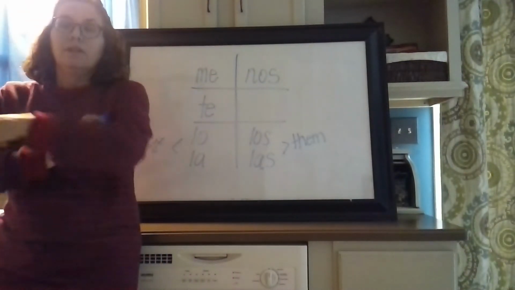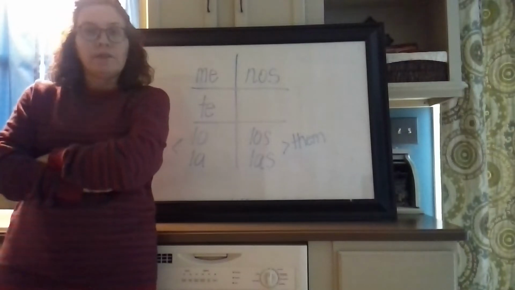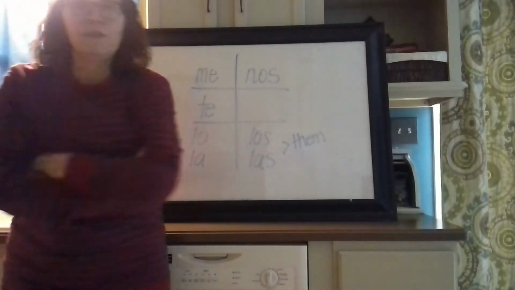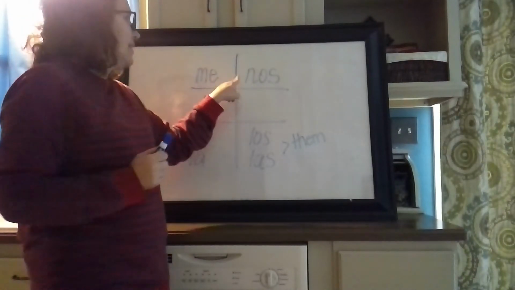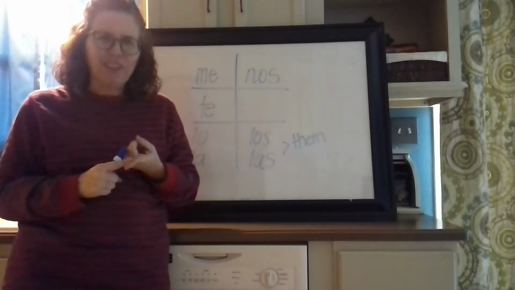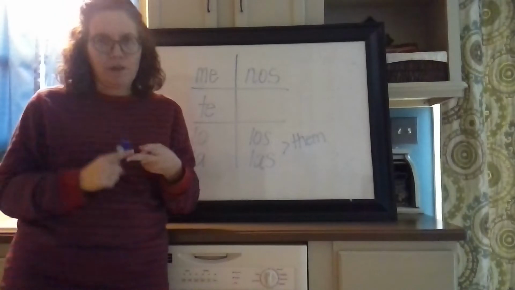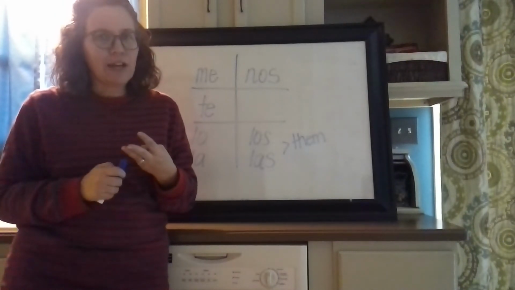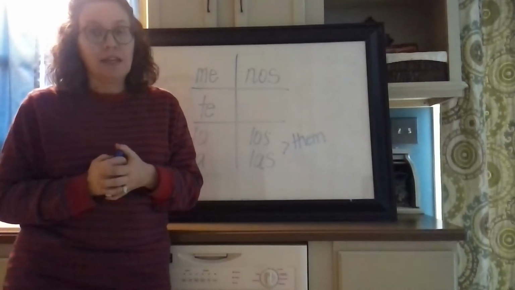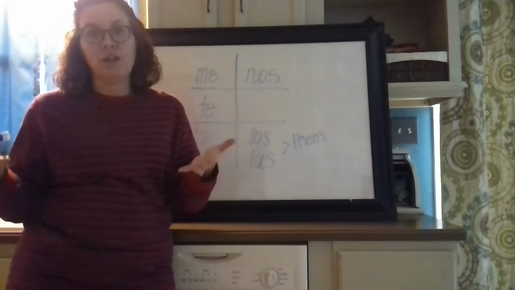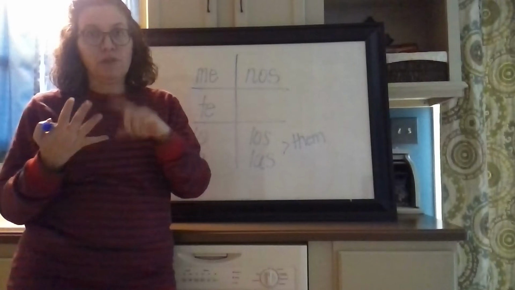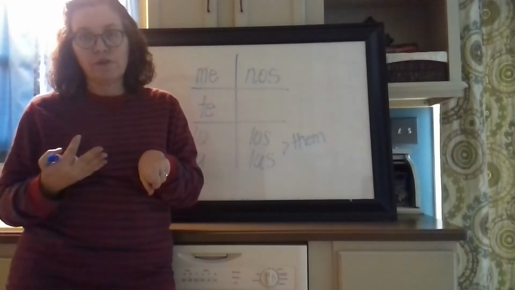Now, if you haven't paid attention to grammar, this might get a little bit confusing because your head might be spinning right now going, wait a minute, me, te, and nos are the same for reflexives, they're the same for indirects, and they're the same for directs? And the answer is yes. That is correct. So contextually, you're going to have to know, okay, is this for reflexive, indirect, or direct?